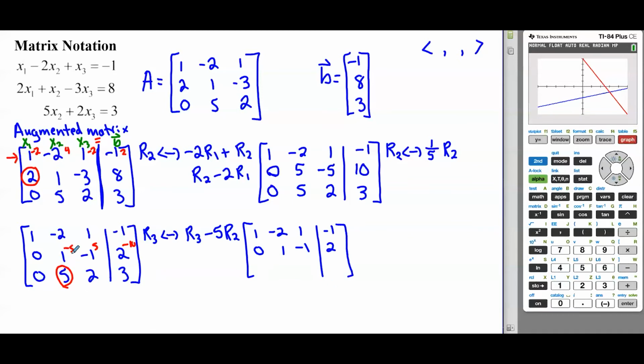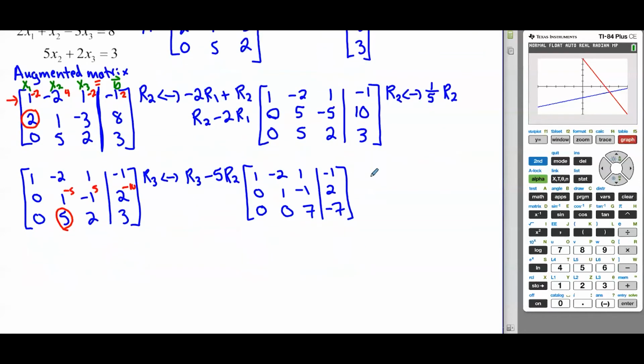So 5 minus 5 is 0. 0 plus 0 is 0, and then 5 plus -5 is 0. I forgot, I did that in the wrong order. 2 plus 5 is 7, and -10 and 3 is -7.